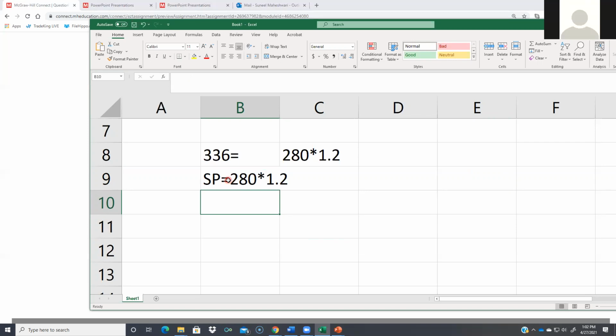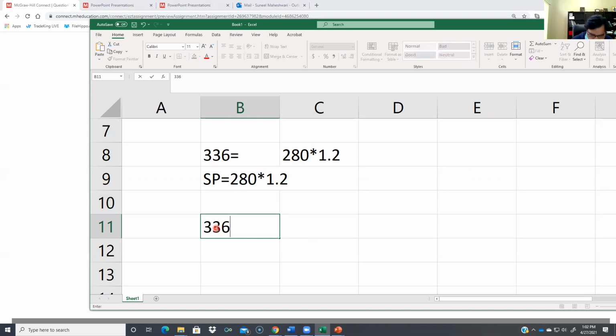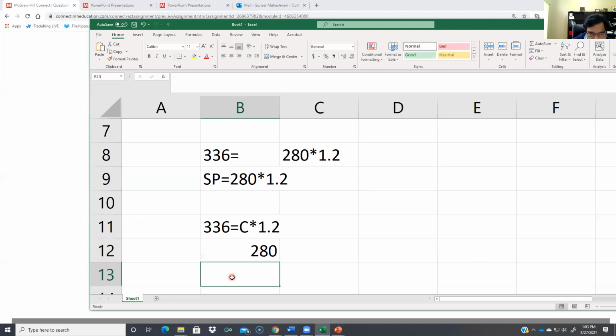Yes. Now, it is also possible that they haven't given you the cost, but in that case, they will give you the selling price. So in that case, your cost is equal to 336 divided by 1.2, which is 280. So it could be either way, whether the markup is on the selling price or on the cost. You would be given two pieces and one would be a missing variable.